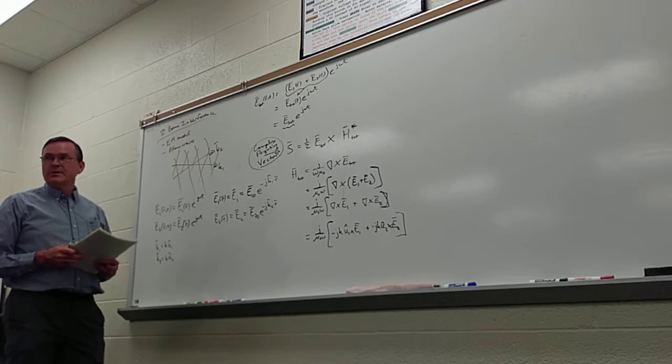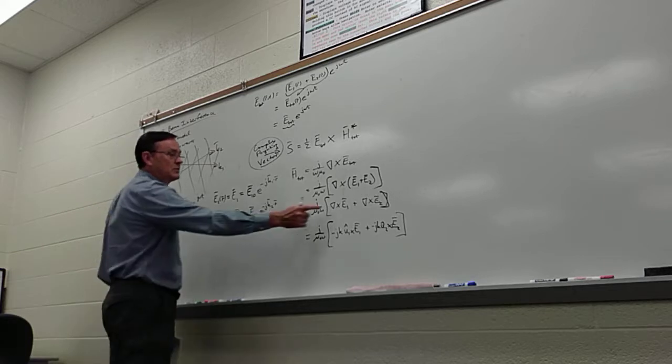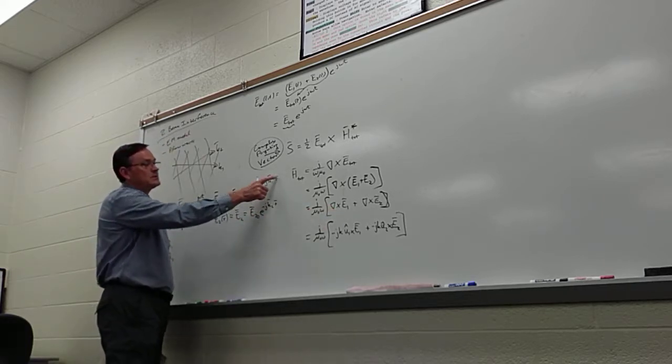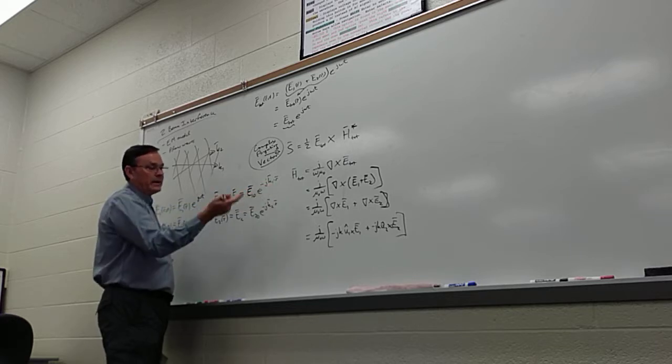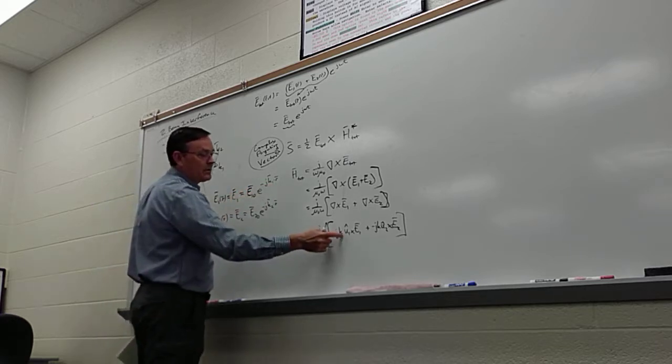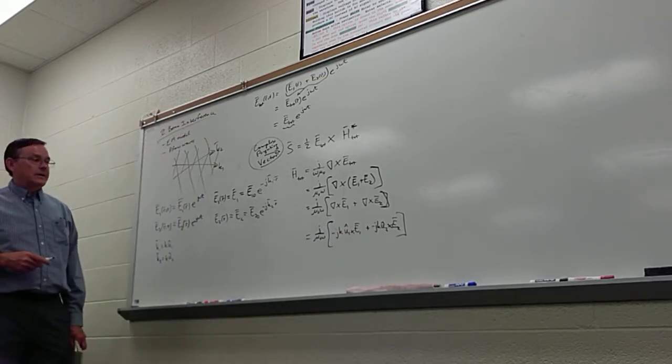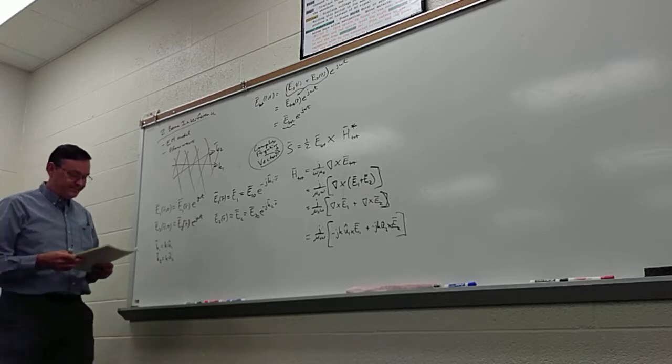So, do you know how I got there? I just do this curl operation on this, and the spatial dependence is all right up in here, and I end up bringing down a minus jk, and I can pull the k apart as wave number times unit vector.